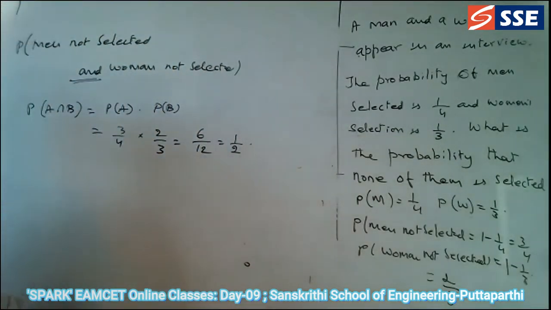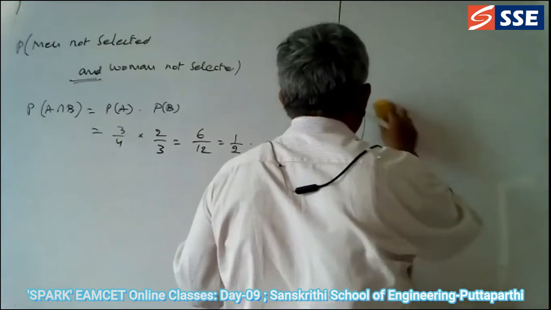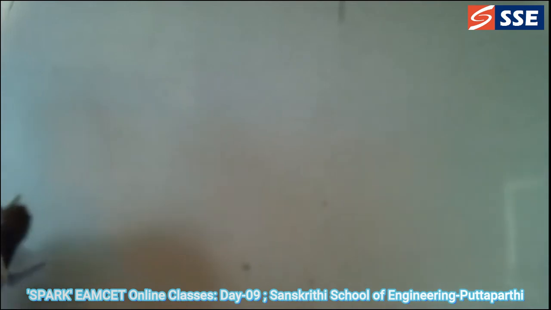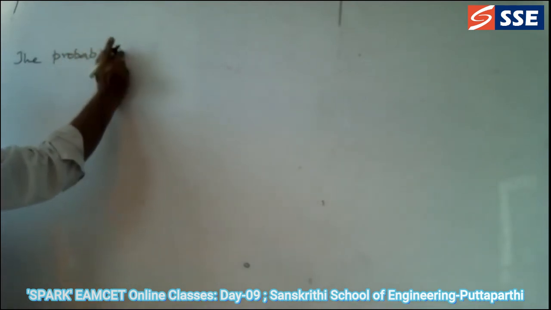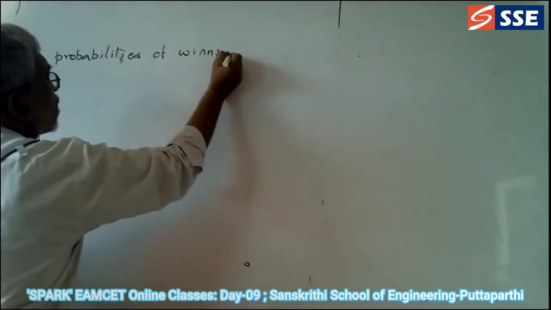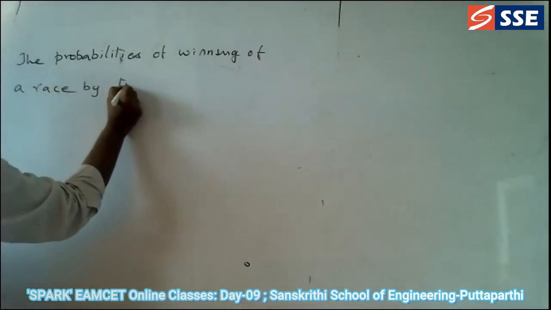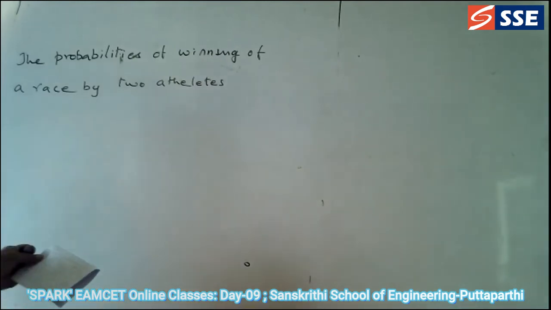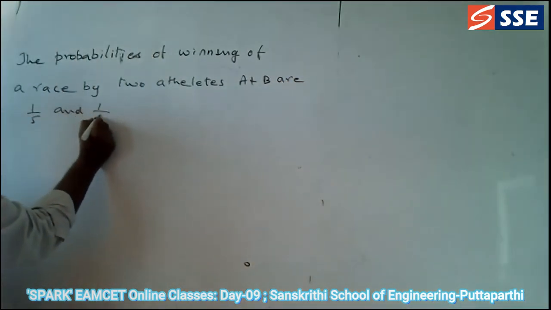The probabilities of winning a race by two athletes A and B are 1 by 5 and 1 by 4.